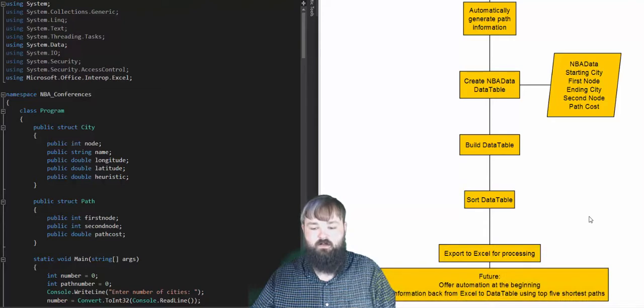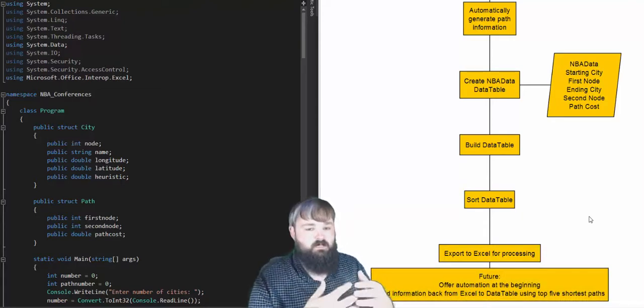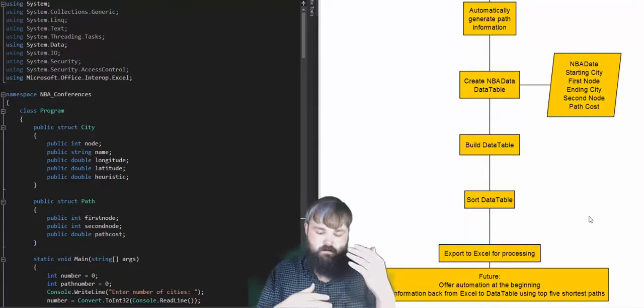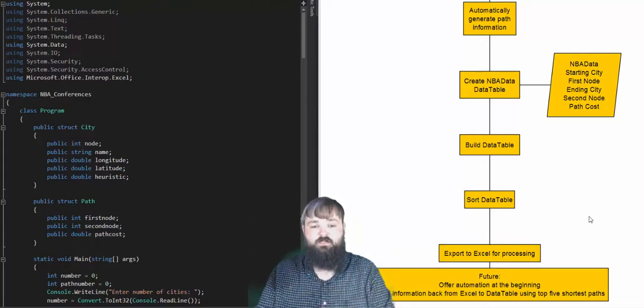Down here at the bottom, I created a future tab, but what we're going to be working on in the future. Like in the beginning, we could offer the user, do you have a file already created for Excel with the information? And they say yes. Then we just automatically pull the information from the Excel file, and then we don't have to input anything. It just does it automatically for us.